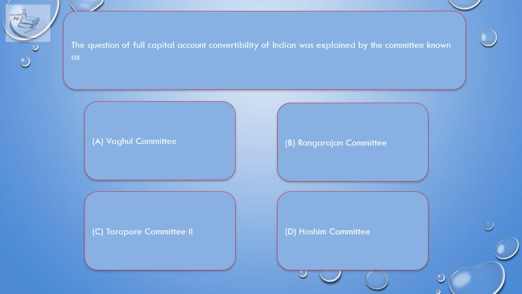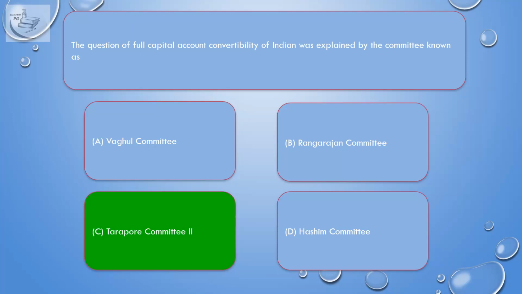Question: The question of full capital account convertibility of India was explained by the committee known as A. Waghul Committee, B. Rangarajan Committee, C. Tarapur Committee 2, D. Hashim Committee. Correct answer is C. Tarapur Committee 2.